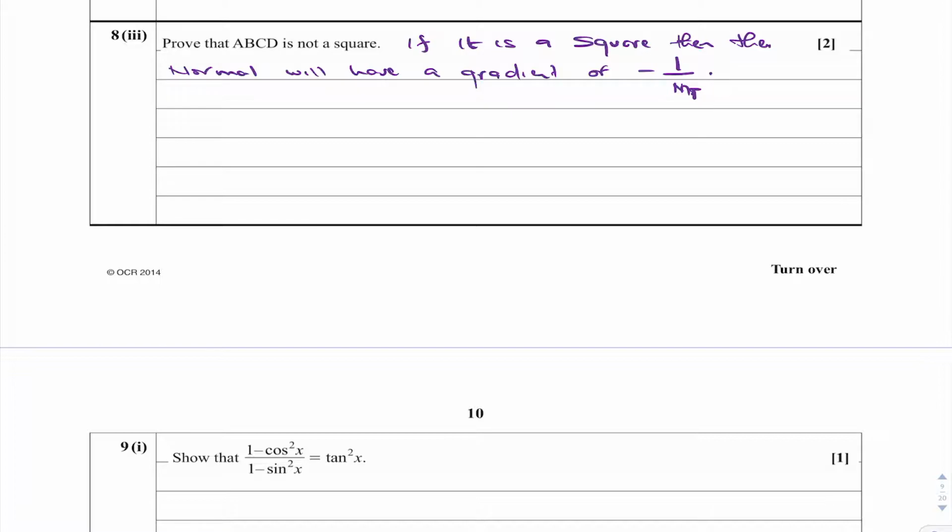Or you could say m normal, the gradient of the normal, times the gradient of the tangent will be equal to minus 1.